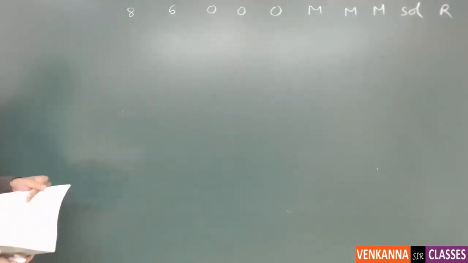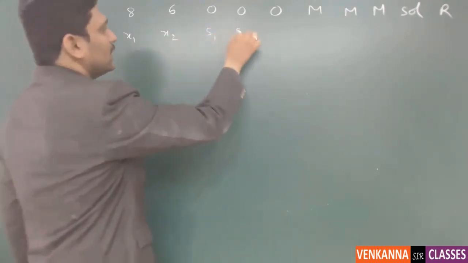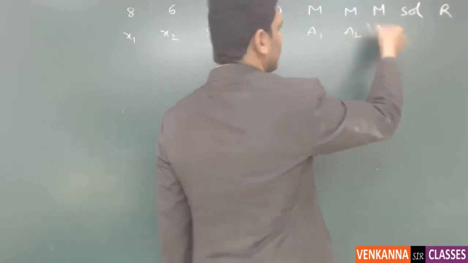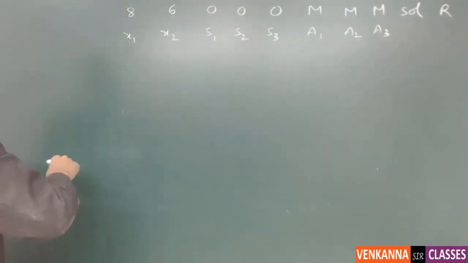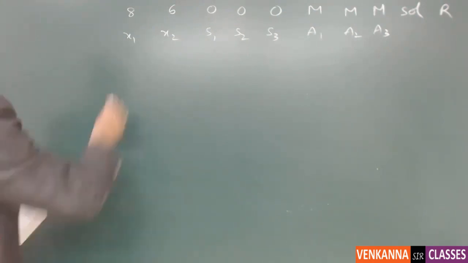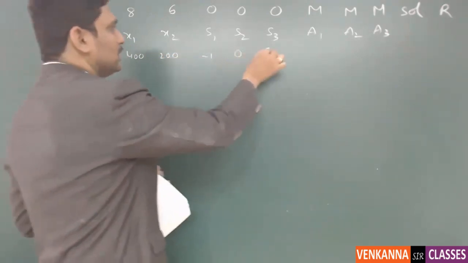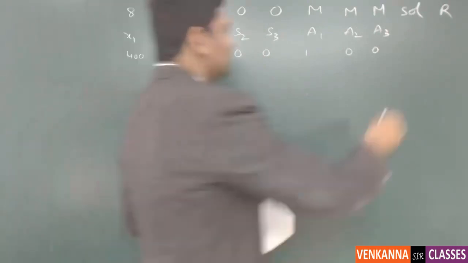So on coming to the variables, you are taking x1, x2, s1, s2, s3, a1, a2, a3, and coming to the values from the table, you are going to get 400, 200, minus 1, 0, 0, 1, 0, 0. And the solution value is 8000 here.